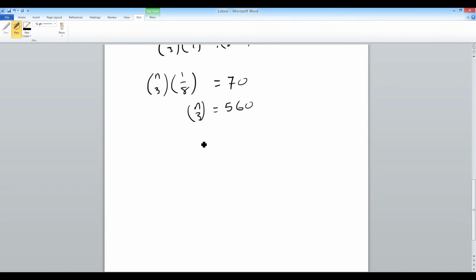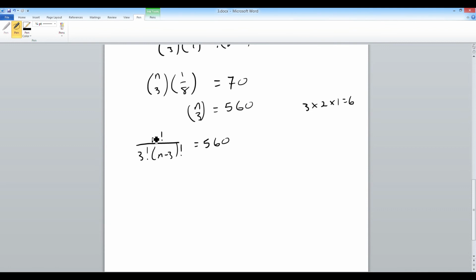So I will have to use my combination formula for this. The combination formula states that it will be n factorial over r factorial, which is 3 in this case, times n minus r factorial, and this is equal to 560. Now 3 factorial is 3 times 2 times 1, which is equal to 6.